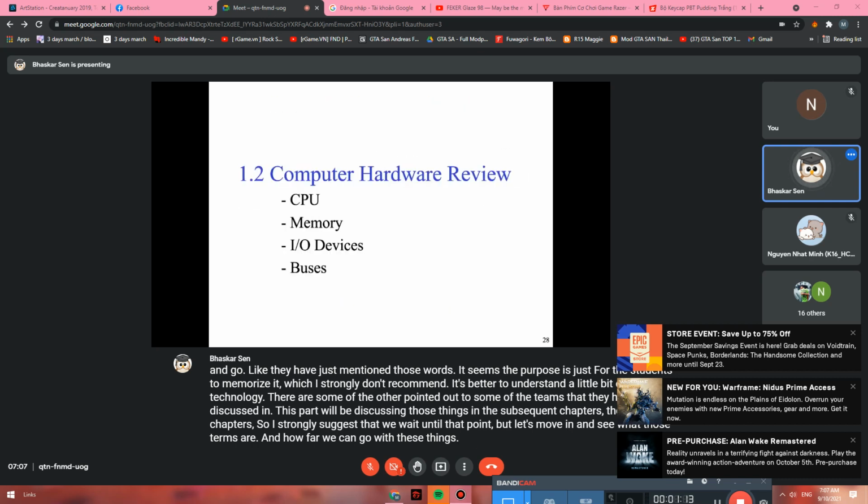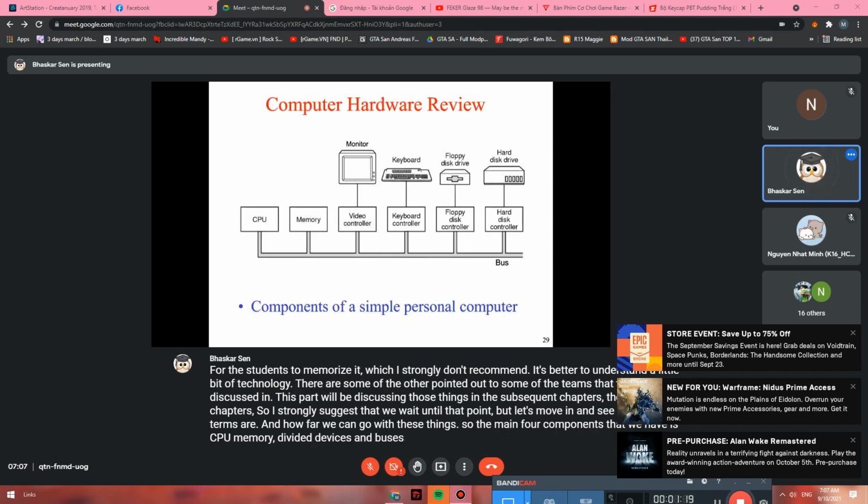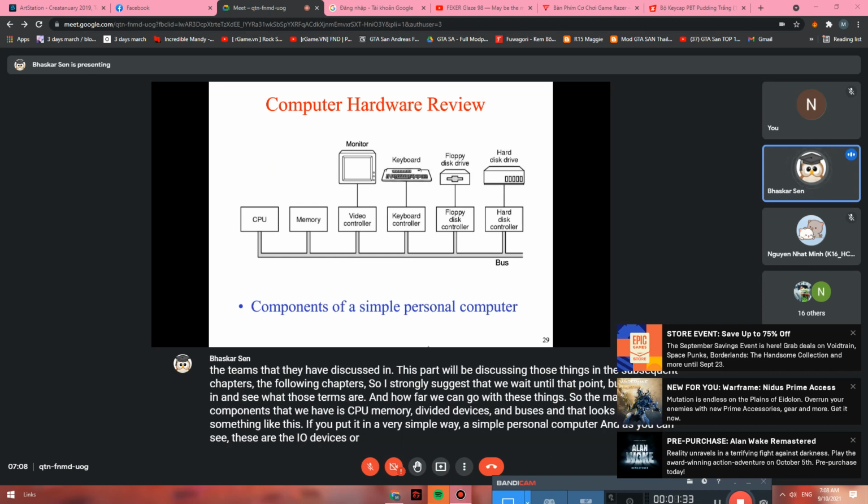So the main four components that we have are CPU, memory, IO devices, and buses. And that looks very much something like this, if you put it in a very simple way, a simple personal computer. As you can see, these are the IO devices, or sometimes we call them peripherals, computer peripherals.